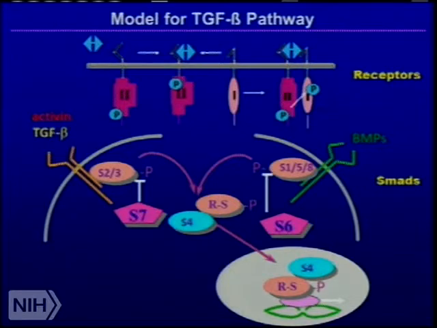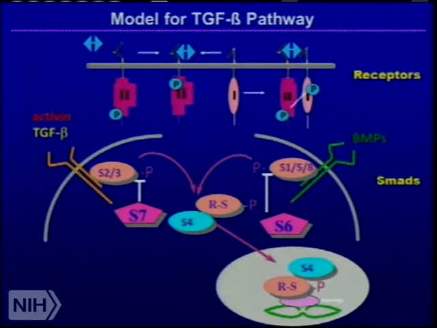The current model for TGF-beta signaling pathway involves the receptor proteins and the SMAD proteins, and this is referred to as the TGF-beta SMAD-dependent pathway because it depends on the existence of the SMAD proteins. So typically what happens is, I'll have to move around here, the type 2 TGF-beta receptor is constitutively phosphorylated.